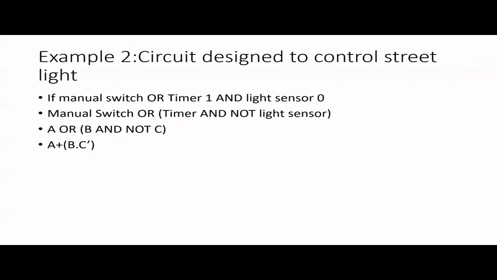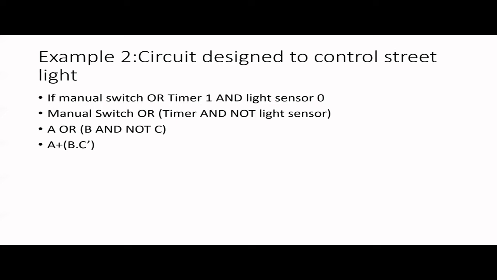Now, the light sensor will detect light. Normally in the morning time you have light, so the sensor will detect the light and will be 1. But here we should switch on the lights when the light is not there. So the light sensor should be 0. The input should be 0 for that. Only if both of these conditions are satisfied do we do this.